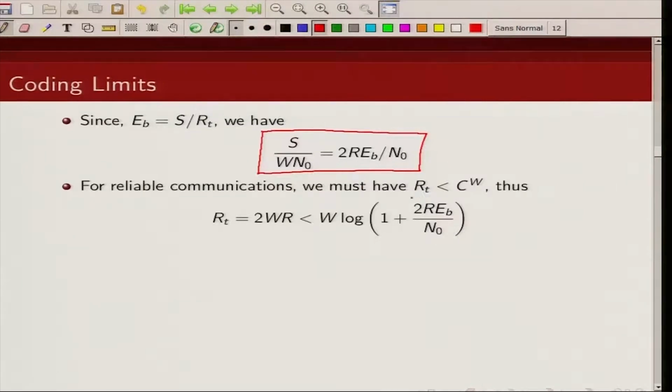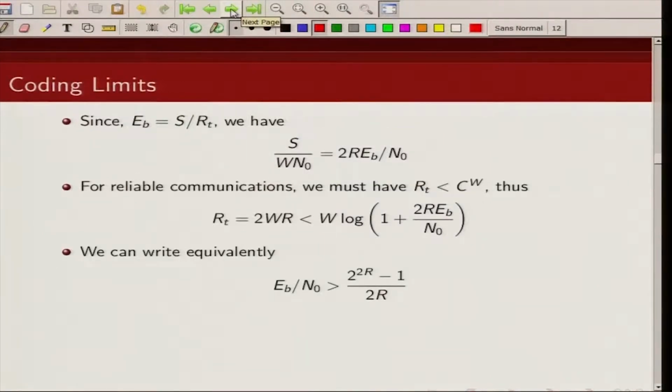Now, for reliable communication, we know that our transmission rate should be less than channel capacity. And what is channel capacity? For the band limited channel, it is W log of 1 plus S by W N naught, which is basically given by this expression. So, a transmission rate which is 2WR should be less than W log of 1 plus 2R E_b by N naught.